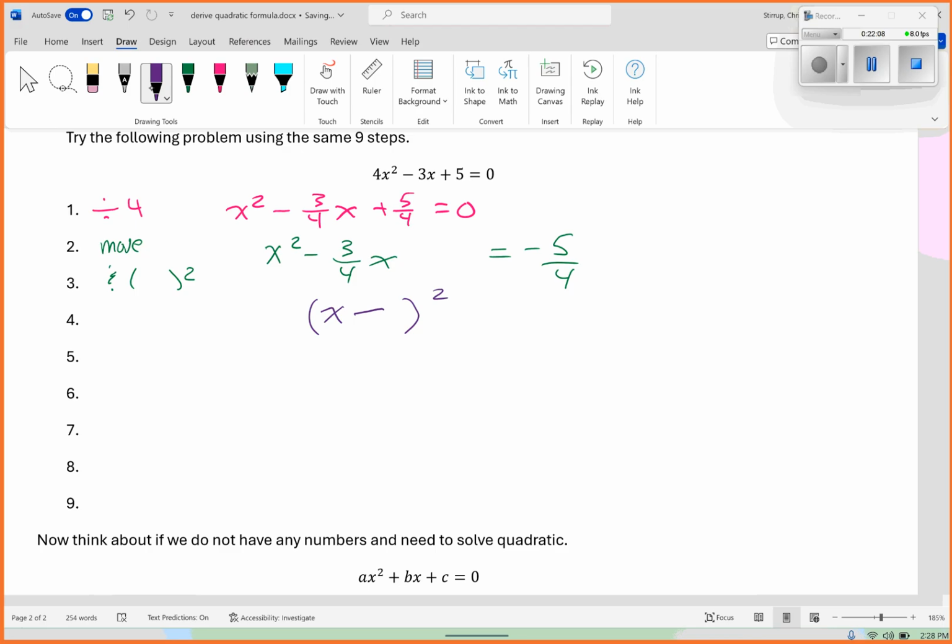What did I say on the last one? Multiply the denominator by 2. 3 over 8. So 3 over 8 is half of 3 over 4. Okay? Equals. All right.